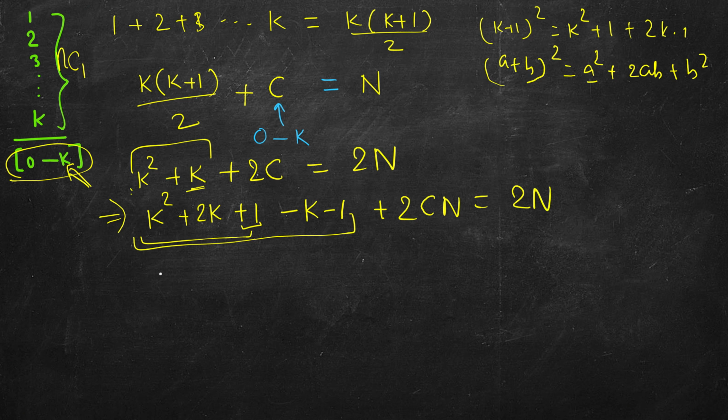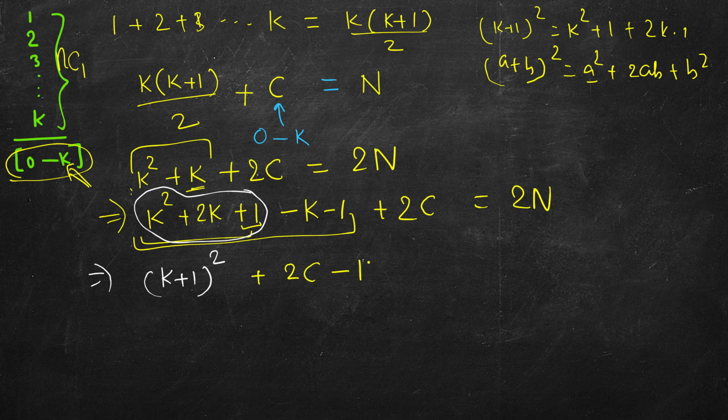Now next, this term becomes k plus 1 whole square, and this was 2c, not 2cn, and 2c minus k minus 1 equal to 2n. So this is the same equation. We have just taken this whole square.